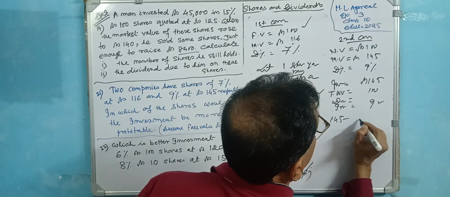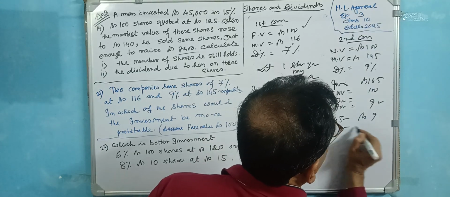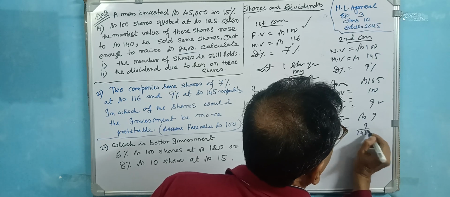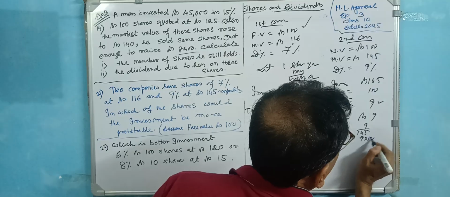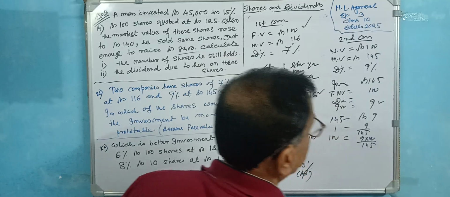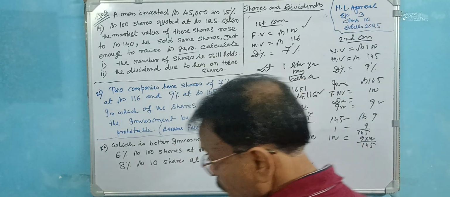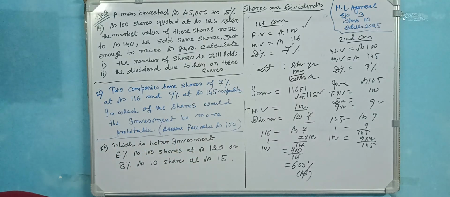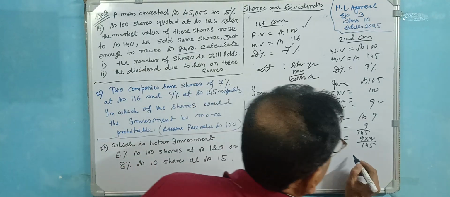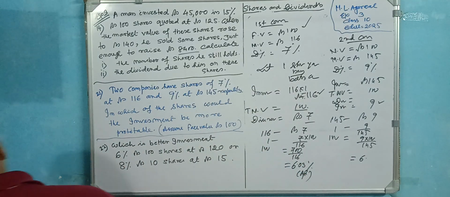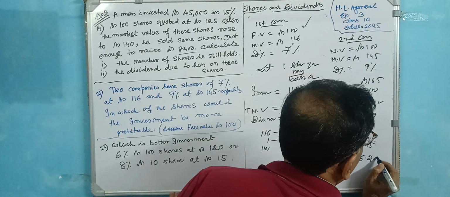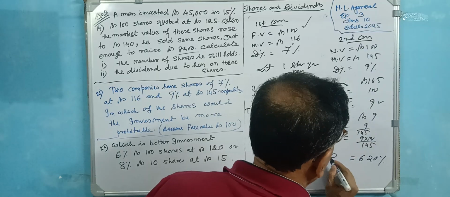Out of 145 you get 9. So 9 by 145, and on 100: 9 into 100 by 145. Actually you calculate 6.20. That is the percentage of return.